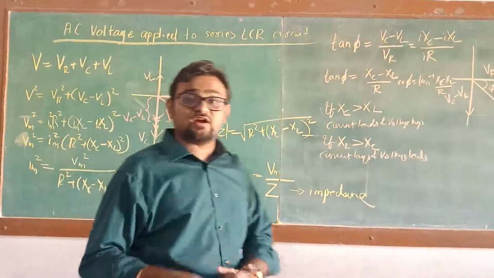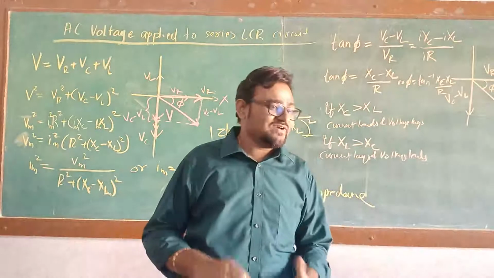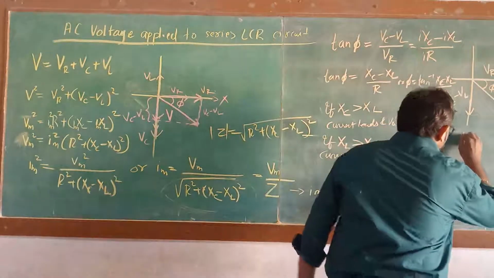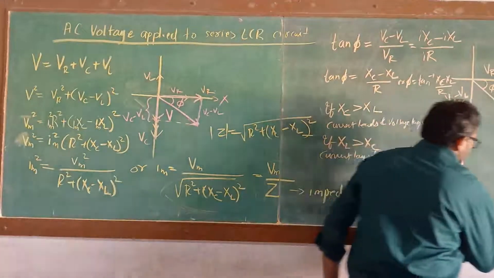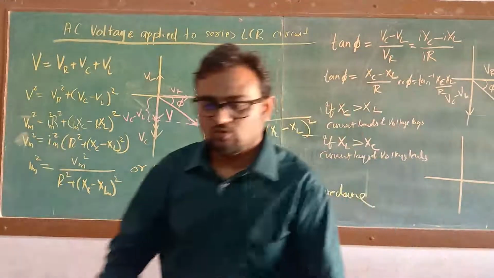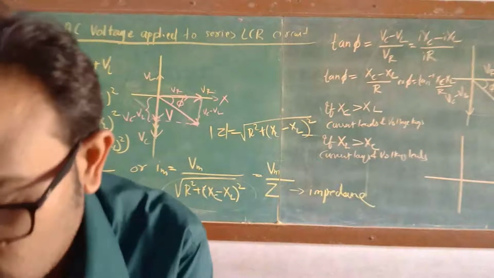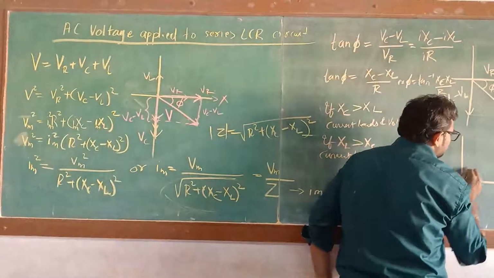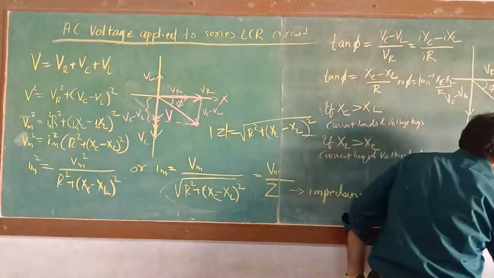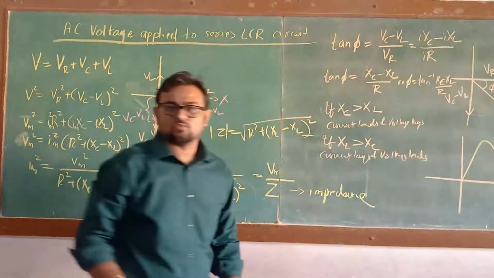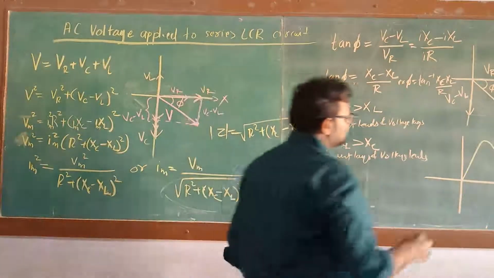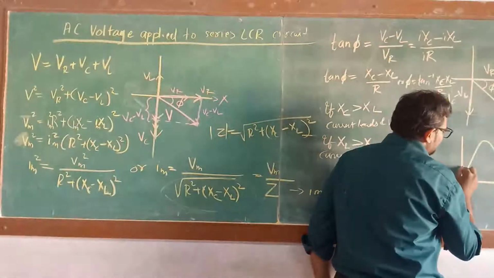Okay. Now to draw a graph of current and voltage when LCR is connected in series. If I draw the voltage by yellow color, this is for the voltage, and for current it can be like this.